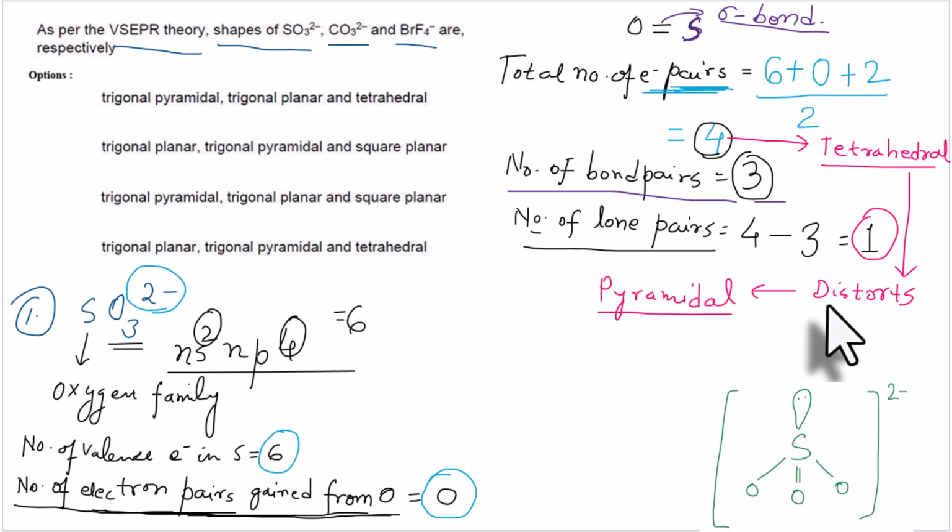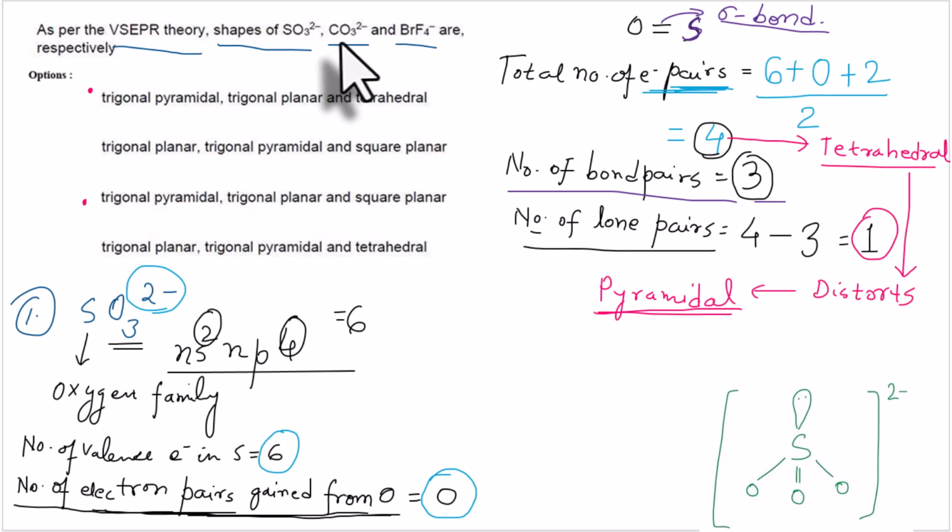So SO3 2-, because of this single lone pair, is a pyramidal structure. Do we have pyramidal in any of these options? Trigonal pyramidal, yes, correct. Trigonal planar, no. So out of these four, there is a probability that either the first or the third could be the correct option.